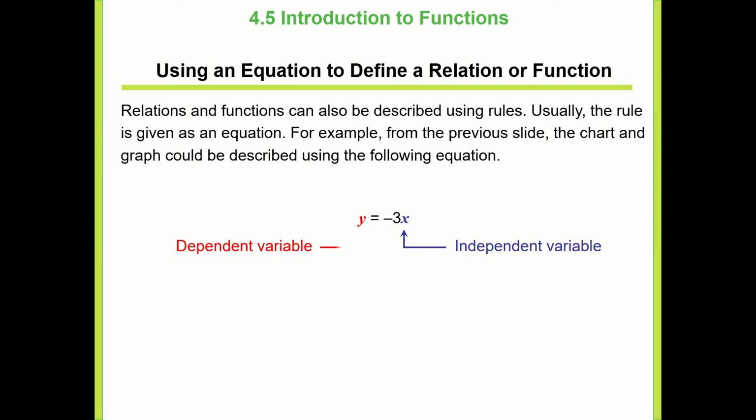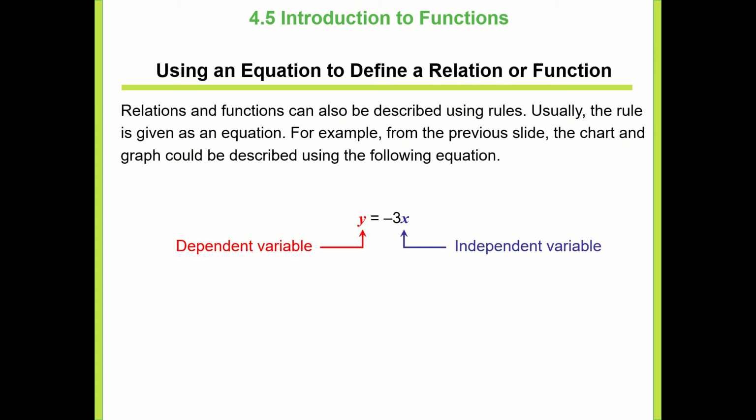Now, here, another definition. We have an equation. Why is this an equation? Because there is an equality sign here. If you see an equality sign, then it is an equation. And here, these y's are always dependent variables.